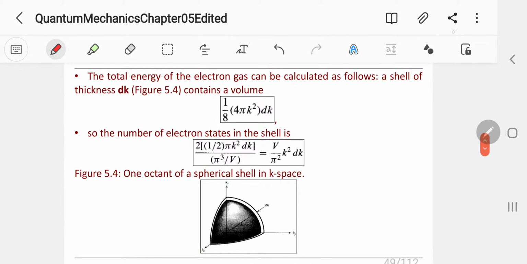By the way, this is the octant that I was talking about, so it's just 1/8 of the sphere.